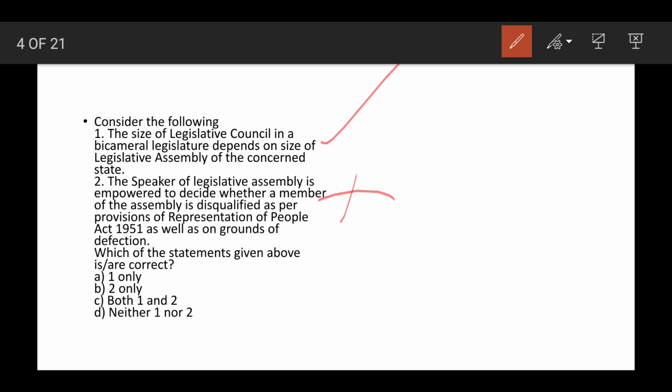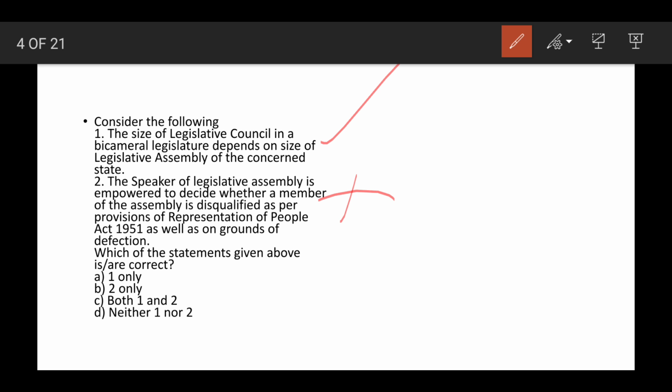The Speaker decides disqualification based on the Anti-Defection Law under the 10th Schedule, and the Governor decides the disqualification as per the provisions of the Representation of People Act 1951, based on the recommendation of the Election Commission of India.